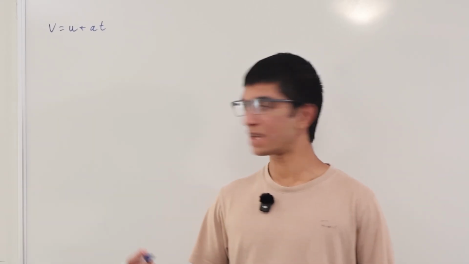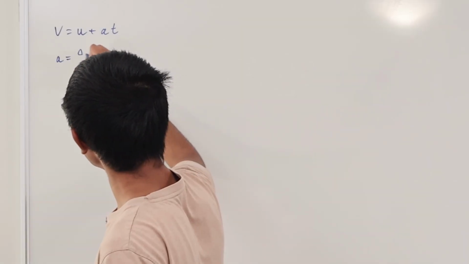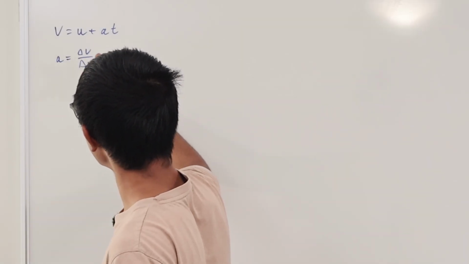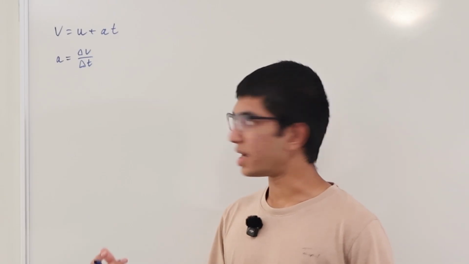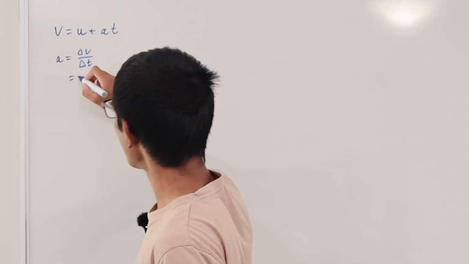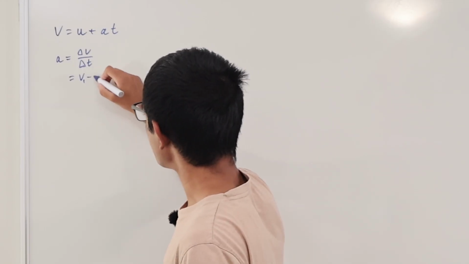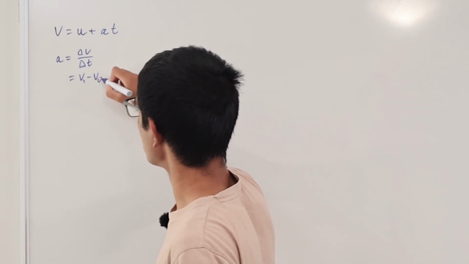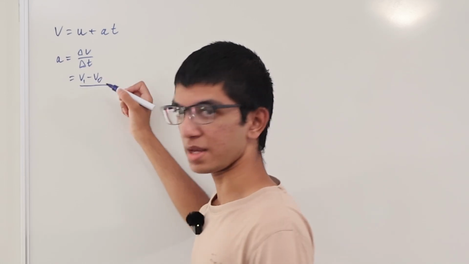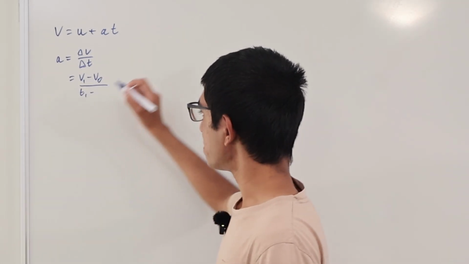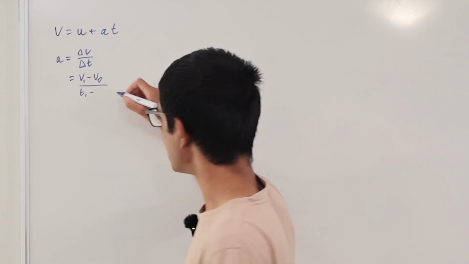Acceleration, as you know, is given by change in velocity over change in time. Or, in other words, my final velocity, which I'll call v1, minus my initial velocity, which I'll call v0, divided by final time, t1, minus my initial time, t0.